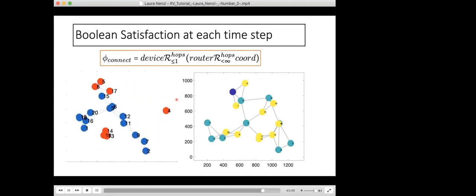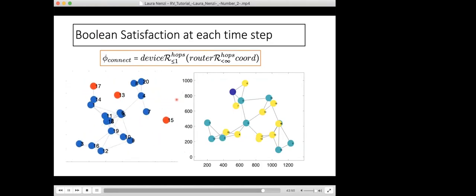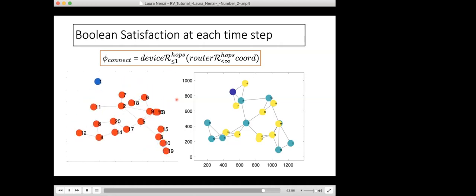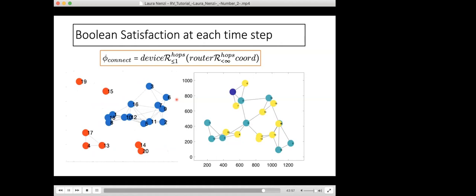And since we have a property with just spatial operator, no temporal operator, the length of the Boolean signal, so the final time, is the same as the final time of the trajectory.